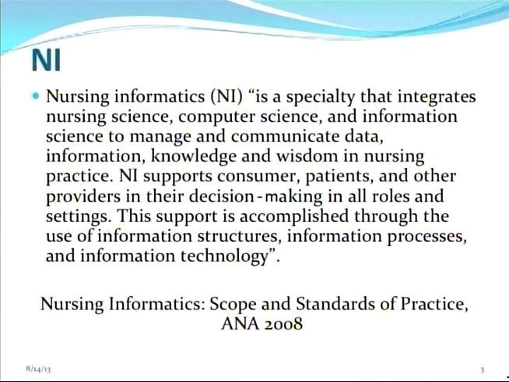I found the ANA definition to be the detailed one, but you're going to find many definitions. This is really comprehensive. The way they define nursing informatics in the scope and standards of practice issued in 2008 is that it's a discipline that integrates nursing science, computer science, information science, and cognitive science in order to manage and communicate data, information, knowledge, and to reach wisdom in nursing practice.